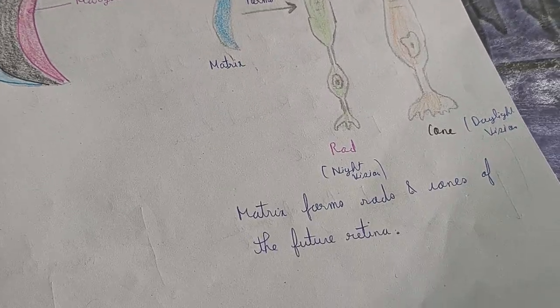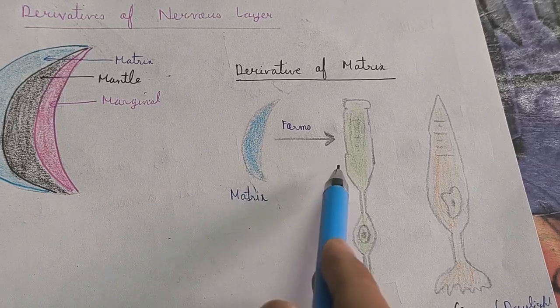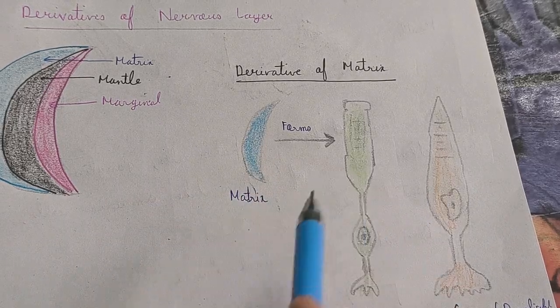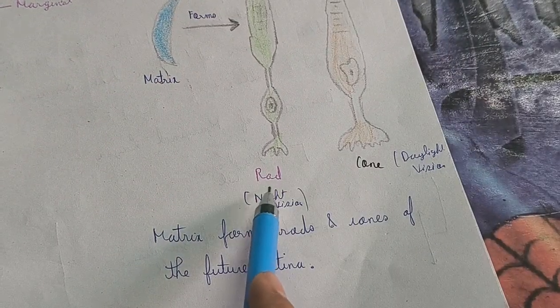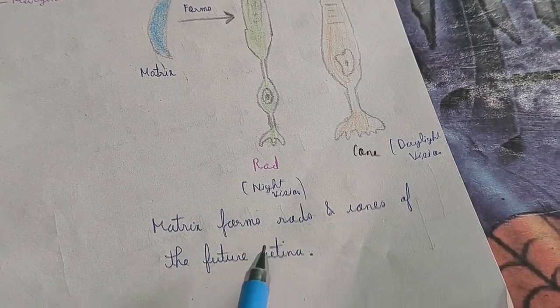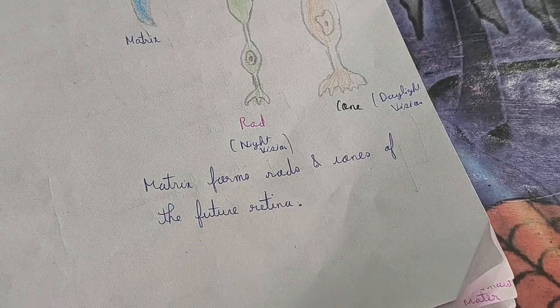So that's some further information. But embryologically, you should know that the matrix forms two types of cells, rods and cones. Rods are for night vision and cones are for daylight vision. So I have written that the matrix forms rods and cones of the future retina.